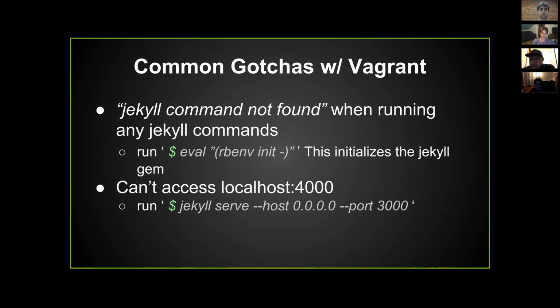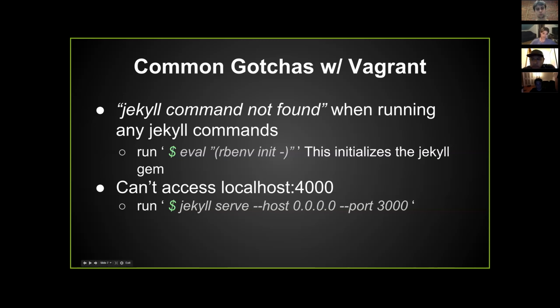So the first thing I ran into was anytime you run jekyll and then the command, it would just say command not found. Basically what's happening is that the Ruby environment isn't initializing the Jekyll executable, so you just have to run the eval, this little code here, and then you're good to go.